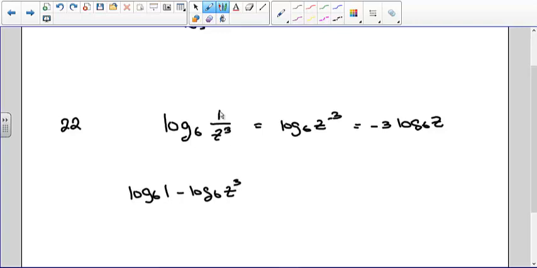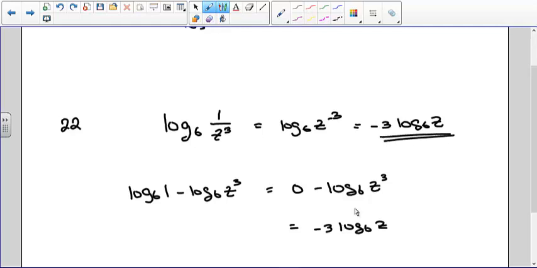So I've taken the numerator, separated it from the denominator, and because this is in the denominator, subtracted it. But log base 6 of 1 is 0, so the first term is 0. Then I can use the properties of logarithms to bring the 3 outside, so I get negative 3 log base 6 of z, which is exactly what I got there by rewriting 1 over z cubed as z to the minus 3 power.